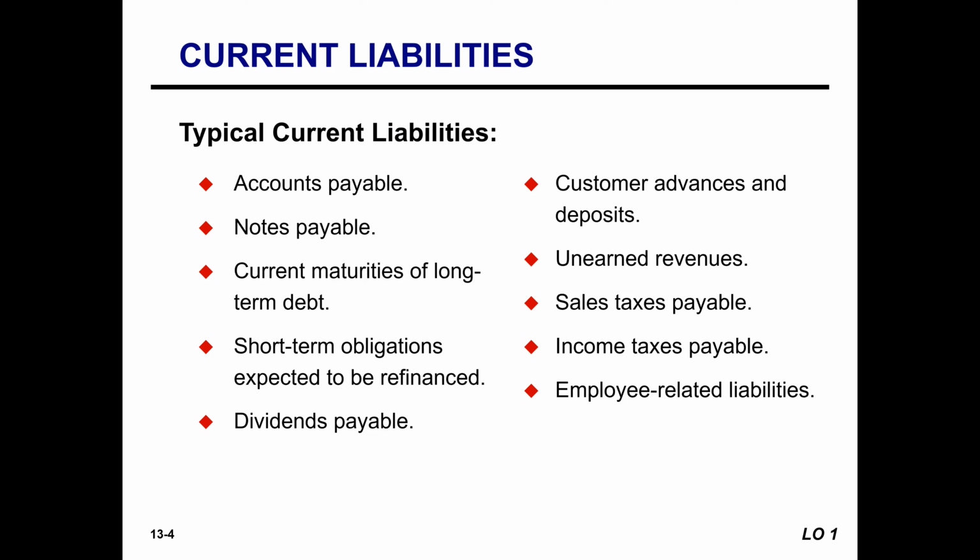Sales tax payable, income taxes payable, employee related liabilities. Again, I mentioned earlier, for example, like compensated absences. That's like sick pay or vacation time, paid time off, things like that. And then also this refers to payroll tax expense, employee related liabilities, right?